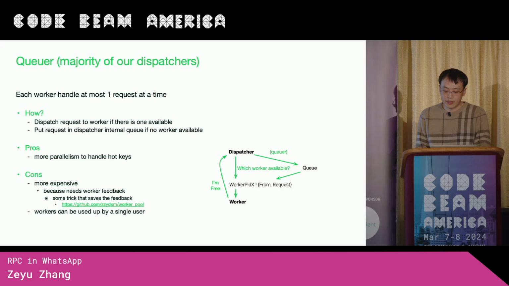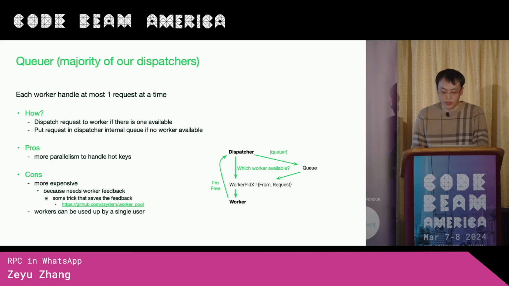But the drawback is that it is more expensive than the hash method because the worker needs to tell the dispatcher that it is free. For this, we have an in-progress trick that does lock-free, message-free feedback. This algorithm is in this link, but I didn't make a concrete model, so I won't have a demo here.